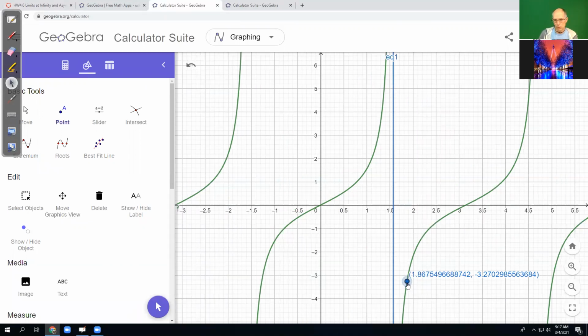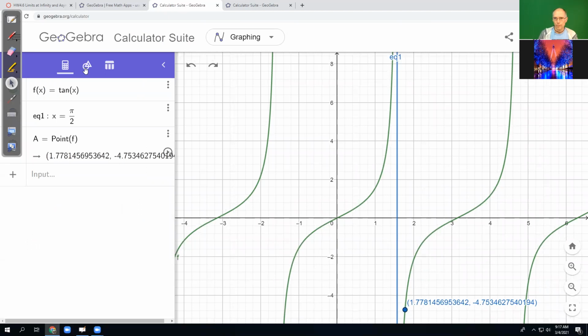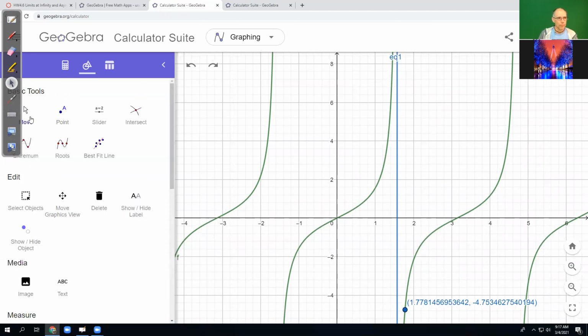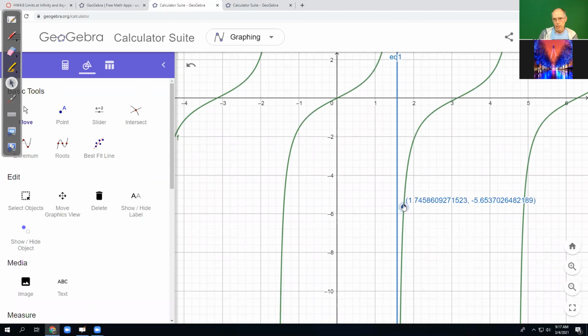So as we approach pi over 2 on that right side here, we can see that y value is dropping down over there.